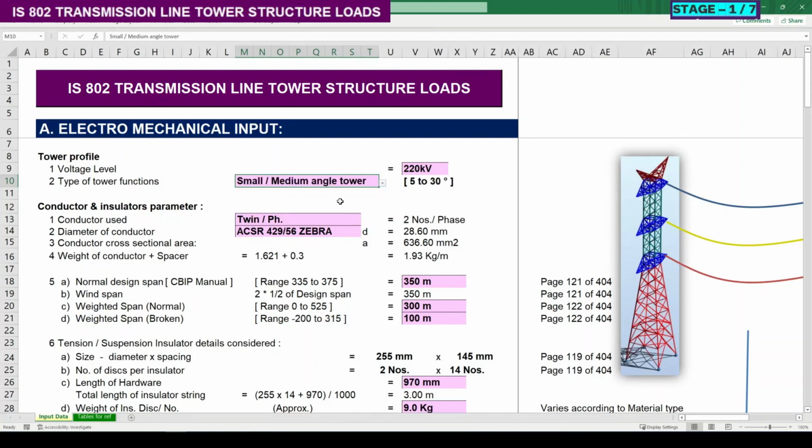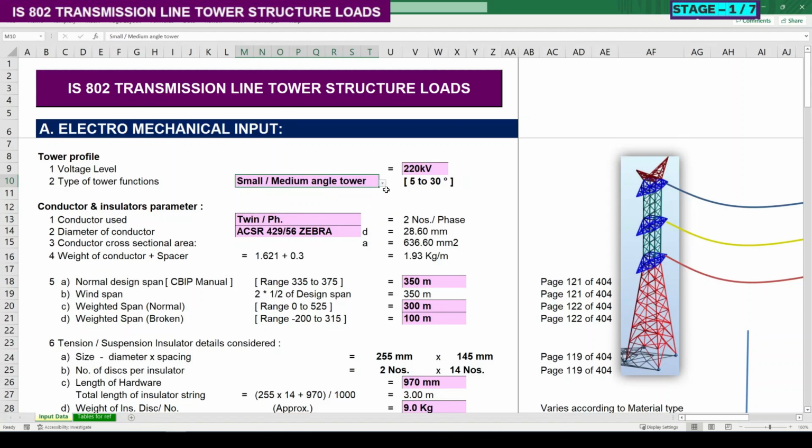Small and medium ranges from 5 to 30 degrees of conductor deviation. Small means 5 to 15 degrees, and medium ranges from 15 to 30 degrees. For a large angle tower, the angle of the conductor is 30 to 60 degrees.